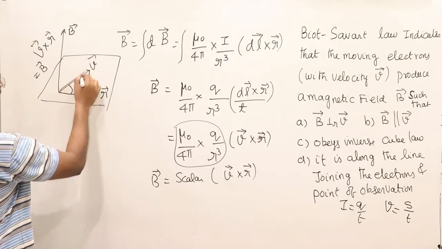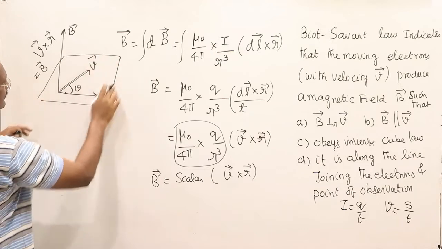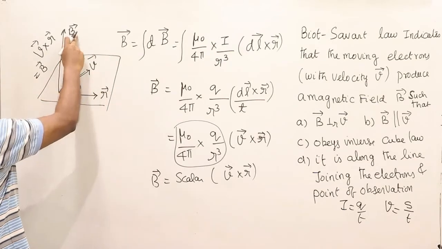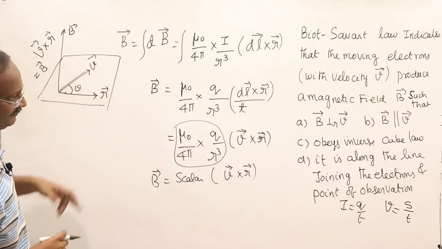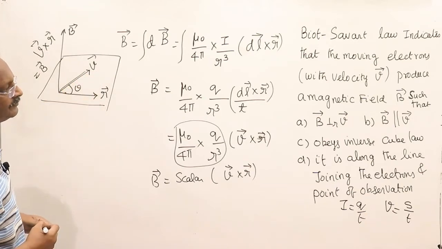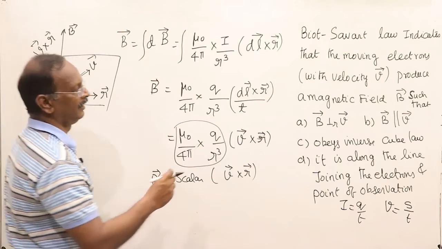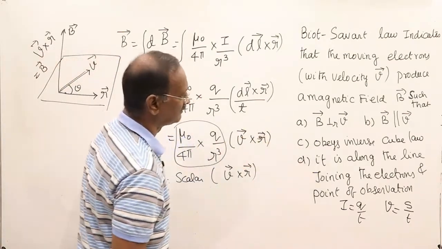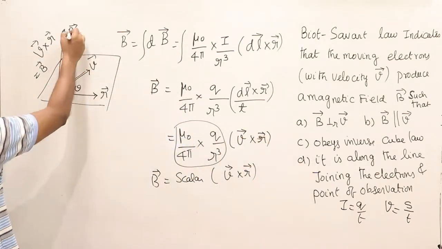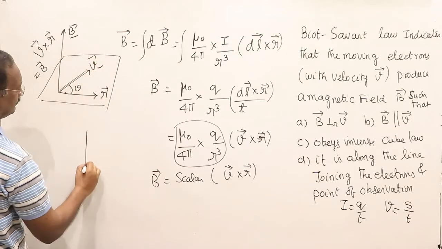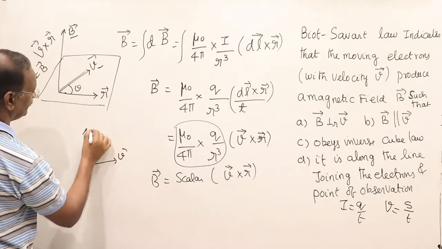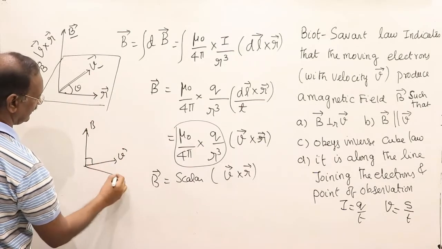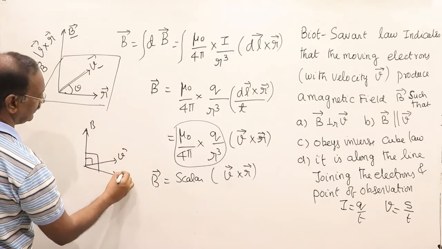So v and r lie in this plane, and the B vector is perpendicular to both v and r.